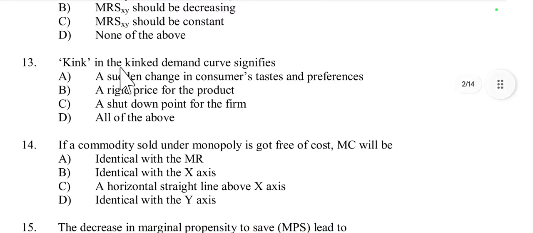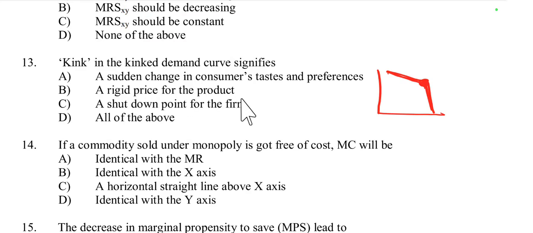Then question number 13: a kink in the kinked demand curve signifies what? Kink means a bend, just like that. At this point the demand curve is kinked. So a kink in the kinked demand curve signifies a rigid price for the product.